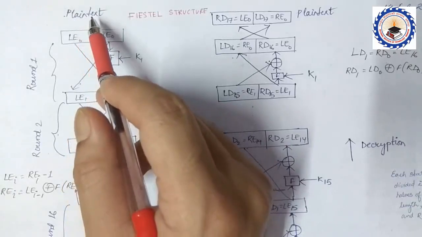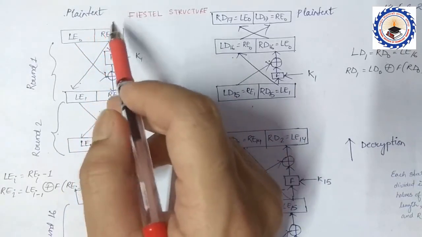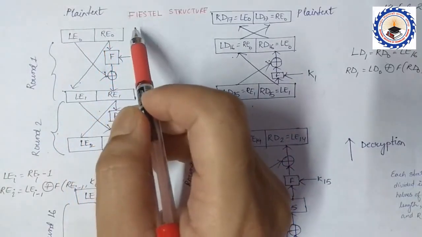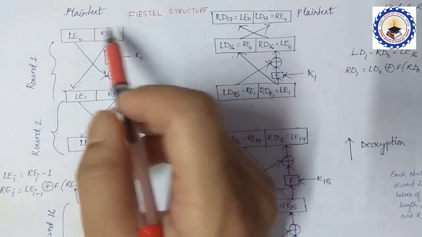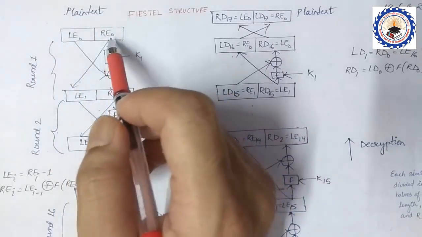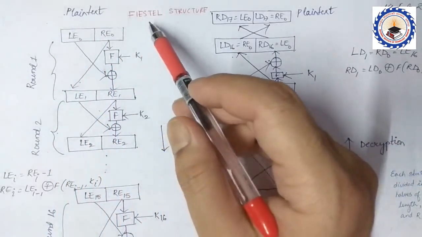The plain text is already divided into blocks, and we take the first block. After completion of this block, we go for the second block, then the third block, and so on up to the last n block. So let us see how a particular block encryption works using the Feistel structure.